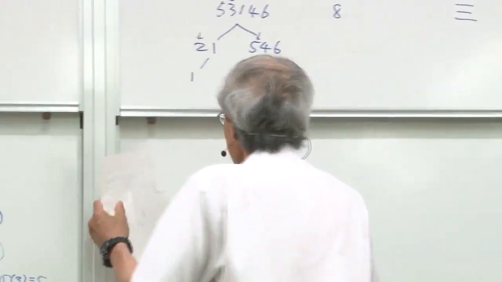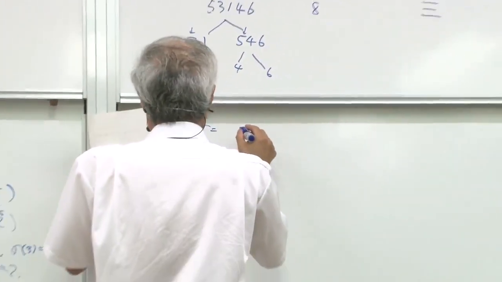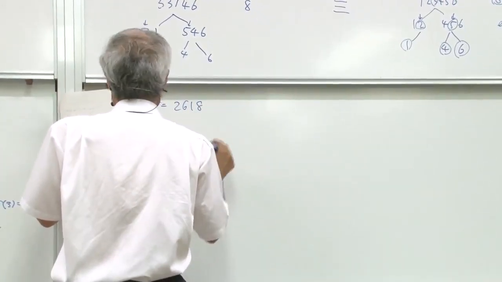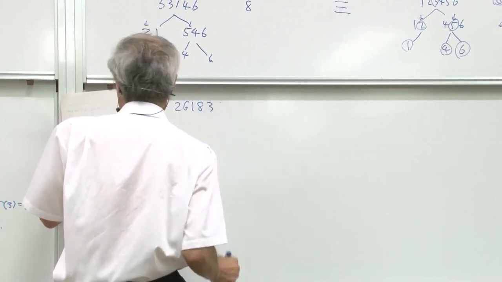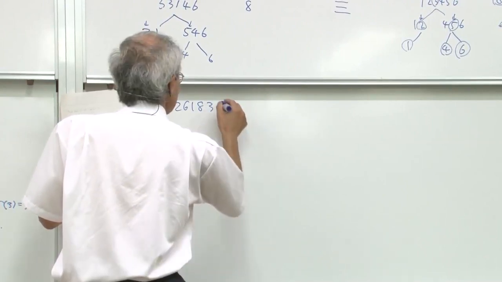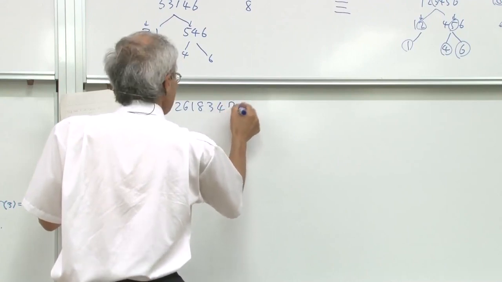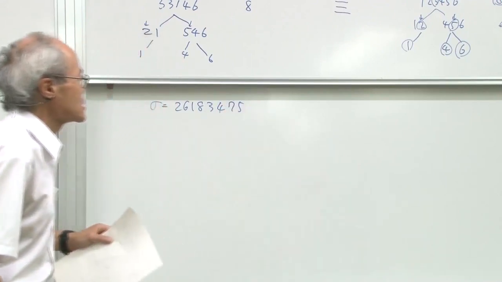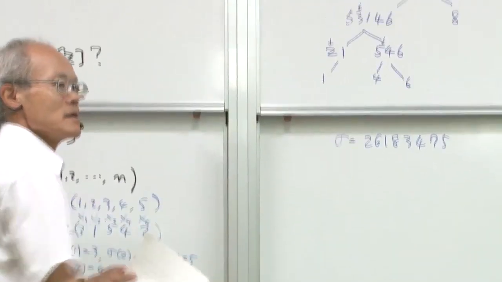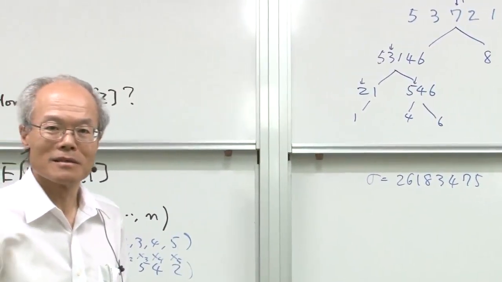Suppose that sigma is equal to 2, 6, 1, 8, 7, 3, 4, 5. This is a permutation. Then we can define the execution sequence.